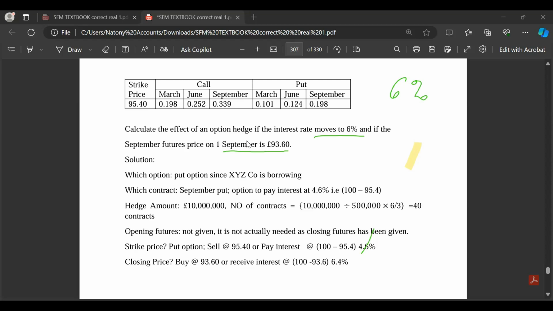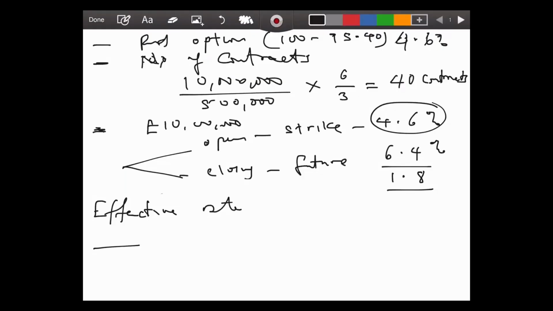Okay, so let's now look at the net outcome. Let's go back to the notes. The company had not hedged the transaction, the actual interest would have been 6%. So what is now the result of the hedge? We're looking at two transactions.